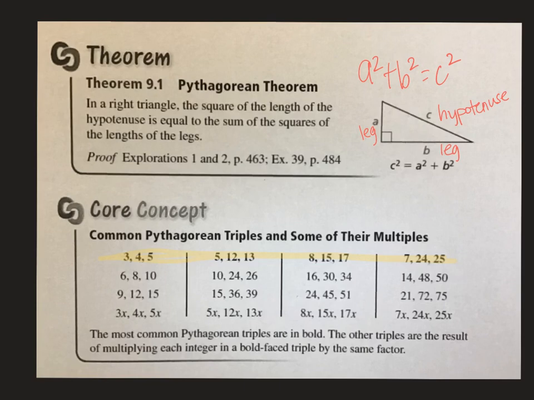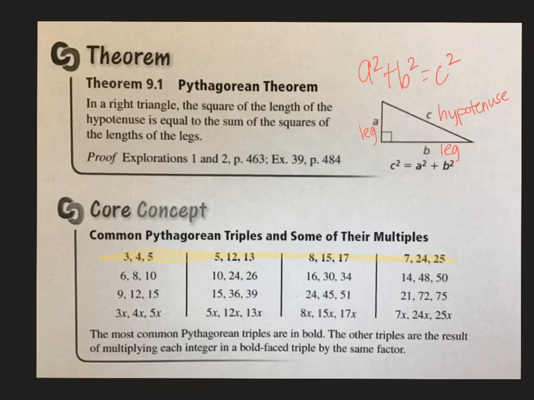For the 3, 4, 5 triangle, 6, 8, 10, 9, 12, 15, 3x, 4x, 5x are just multiples of it. To get from 3, 4, 5 to 6, 8, 10, we multiply by 2. To get to 9, 12, 15, we multiply by 3. It's the same for all of the other triples as well.